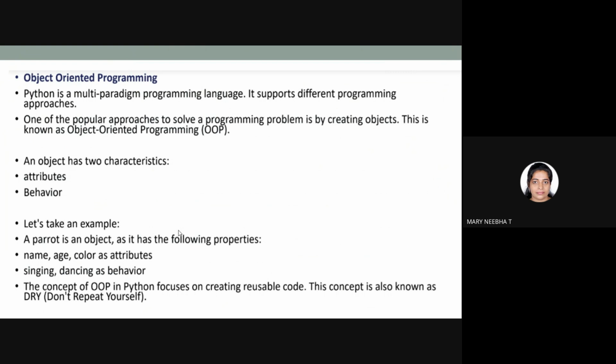An object is a blueprint of the class. Two important things play a very important role: classes as well as objects. An object has two characteristics, one is the attribute and the other is the behavior.